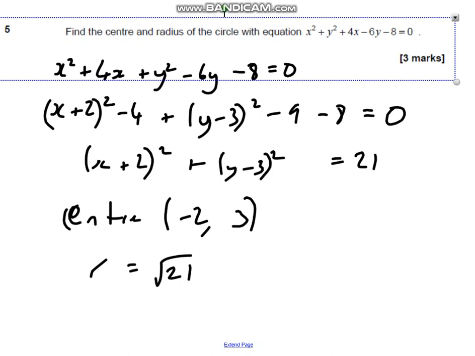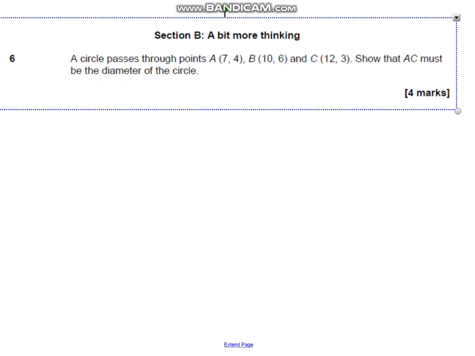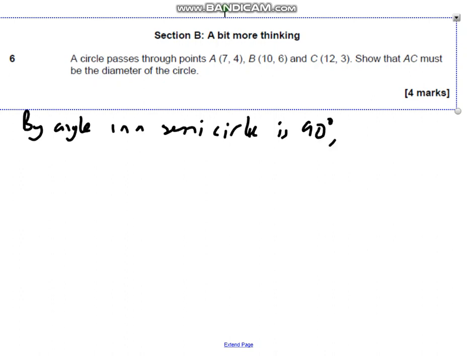I think we should have time to fit question 6 in. A bit more thinking. For this one, there's several ways to do this, but I am going to say that by the angle in a semicircle is 90 degrees.